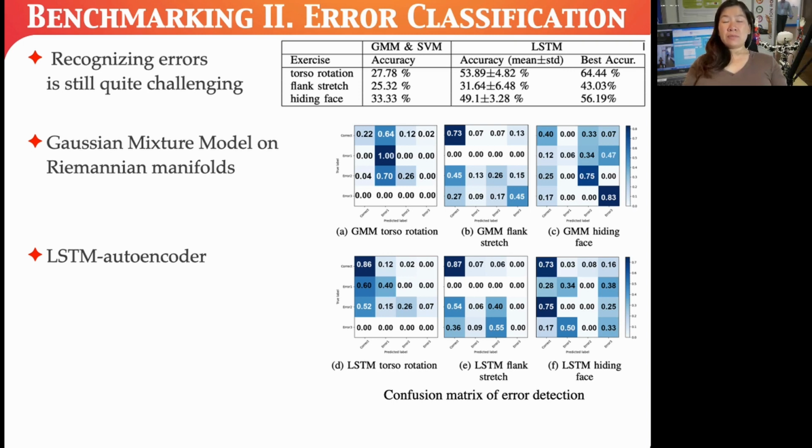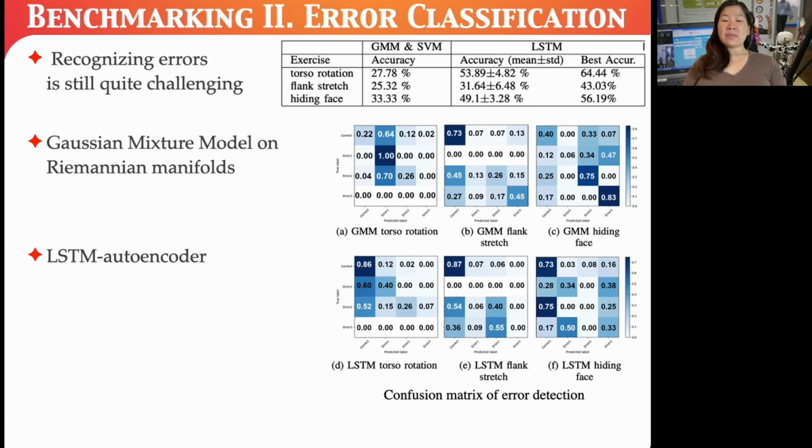If we analyze further, we can look at the confusion matrices of the error detection for both models. We notice that the majority of correct sequences are not recognized using the GMM-based features with the SVM classifier, in comparison to the LSTM classifier, which is more accurate at recognizing correct sequences.